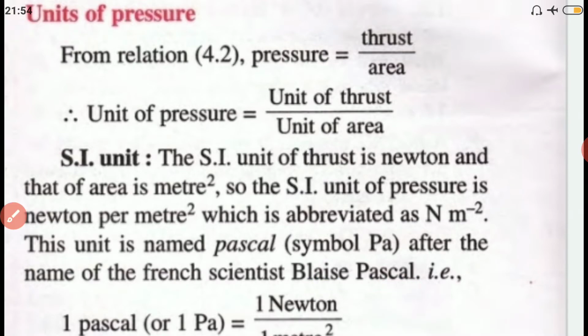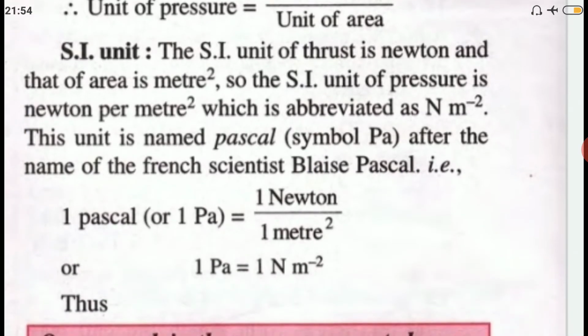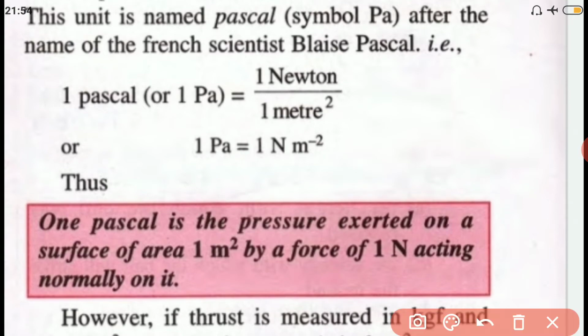That is, 1 Pascal equals 1 Newton per 1 meter square. Thus the definition of 1 Pascal will be: 1 Pascal is the pressure exerted on a surface of 1 meter square by a force of 1 Newton acting normally on it, right?